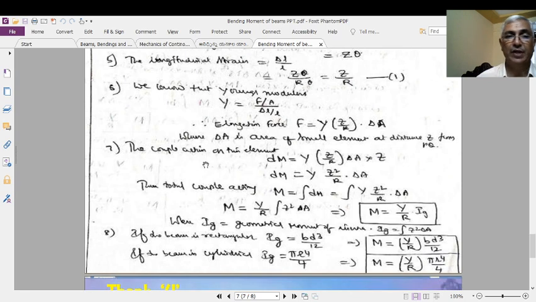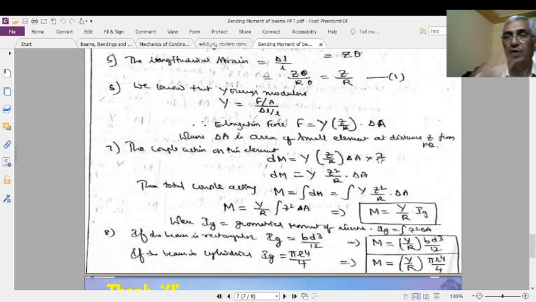The couple acting on this element, the moment of the couple, we will term dM. M is the total moment, and dM is the moment acting on the small part.